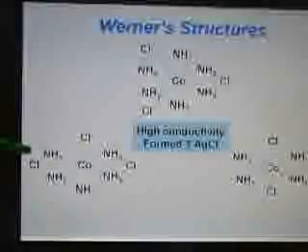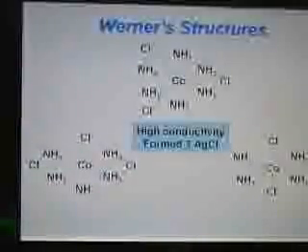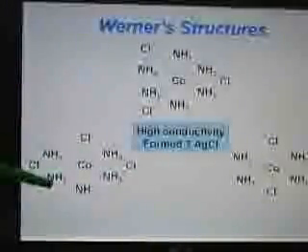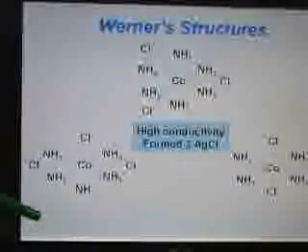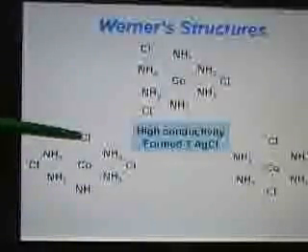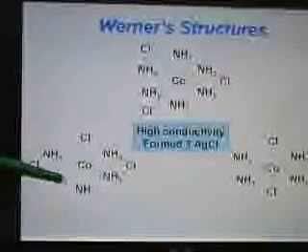In this second compound, 2 chlorides satisfy the primary valence. 1, 2, 3, 4, 5 ammonias satisfy the secondary valence. 1 chloride has a solid line and a dashed line to it.